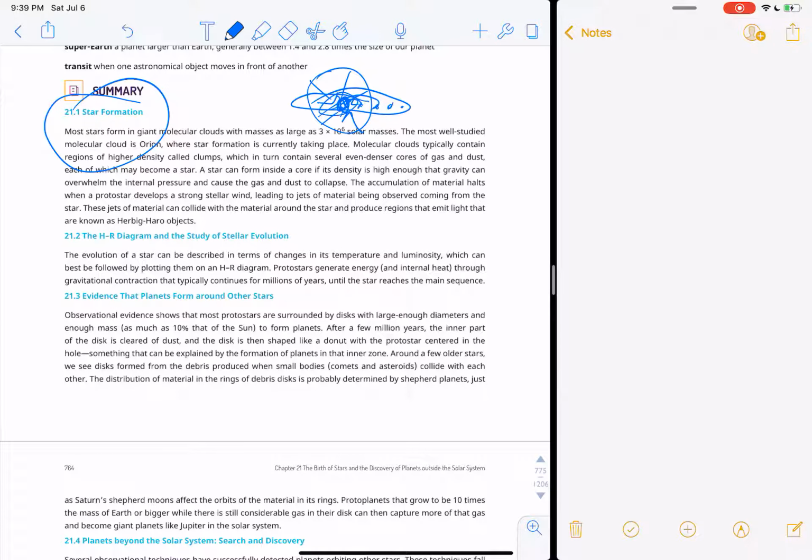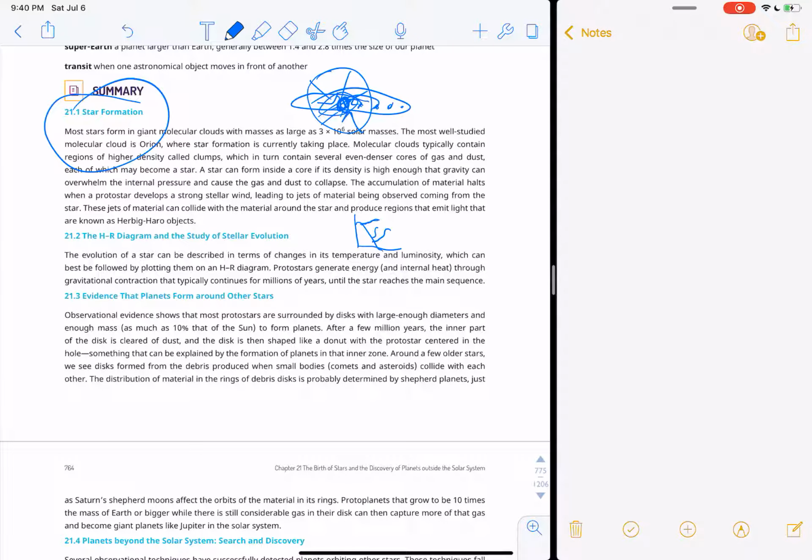The HR diagram, remember, is a plot of brightness versus temperature, and there's the main sequence. But protostars will move in a certain way. They'll either keep the same temperature and get brighter, stay the same brightness and increase in temperature, or increase in temperature and get dimmer.